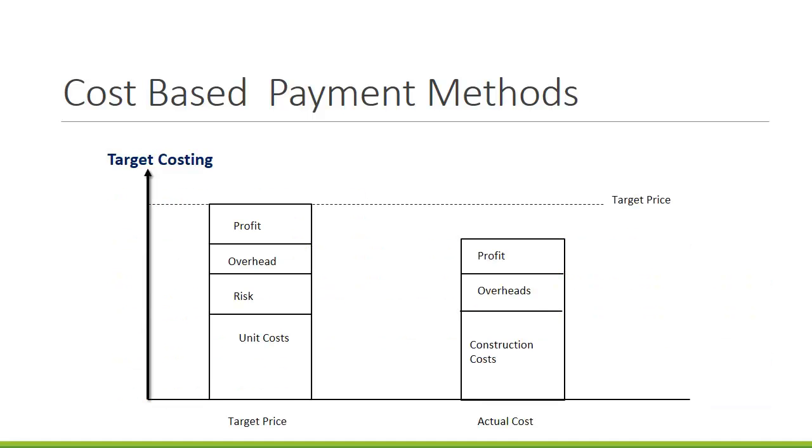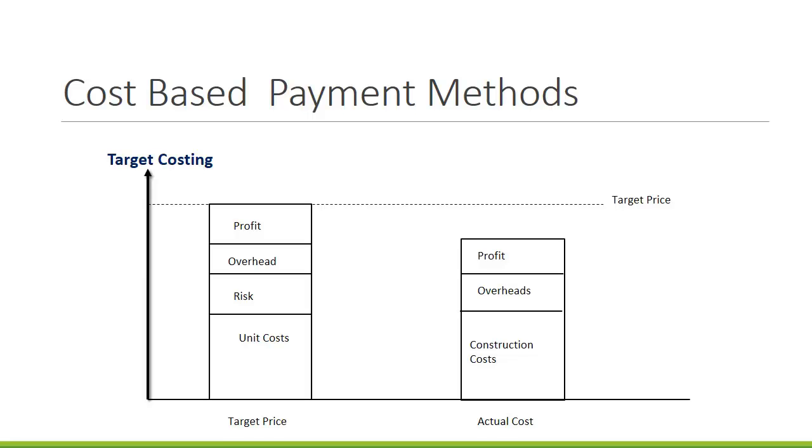Target cost actually consists of four items as shown in this figure. Let's say a target cost of 1 million was agreed between the contractor and the client, which is broken down into unit costs, which are the actual costs of the work, then the costs that are allocated for any kind of risks, then the overhead costs of the contractor, finally his profit.